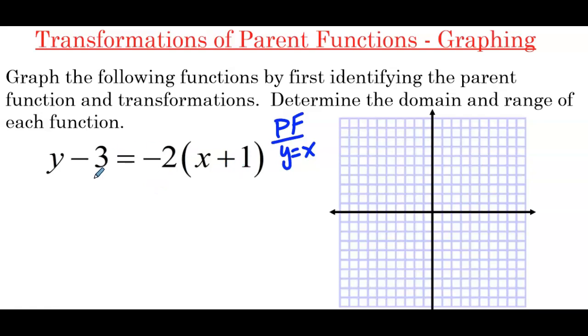So I want to take this problem and think of it as a transformation problem, and see if it gives us the same graph. So if we divide by negative 2 on both sides, we'd have y minus 3 divided by negative 2, and then we have x plus 1, and we can divide it by 1 if that helps.